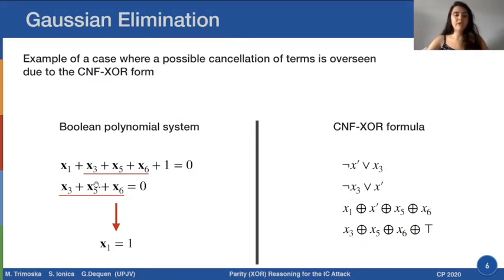On the left, if we XOR the two equations, we will infer that the value of x1 is 1. So this is the technique of Gaussian elimination. However, on the right, looking at this formula, we cannot infer anything on the value of x1. So this is a missed opportunity to propagate another variable.